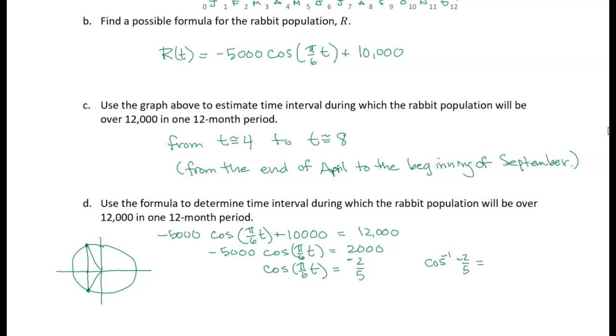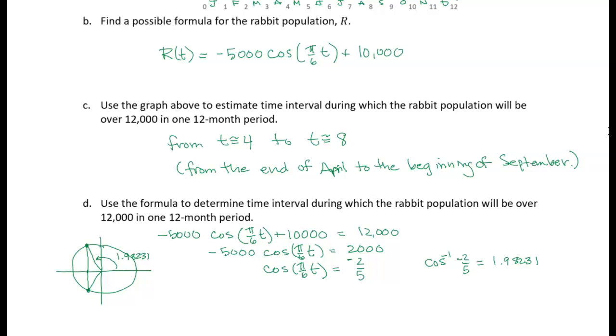So if I do it in radians, I get cosine inverse is 1.98231, okay? Which means that's this angle right here. So that angle right here is 1.98231. It's probably more accuracy than I need.